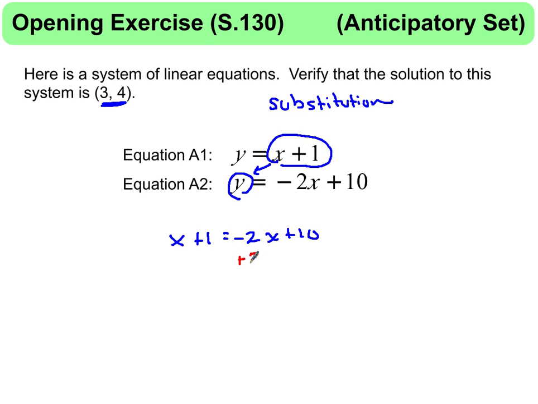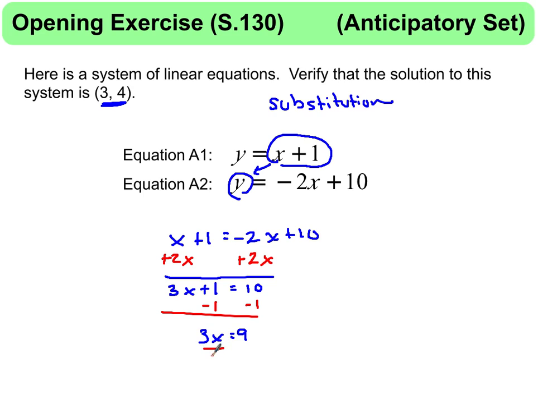So we would add 2x to both sides. That's going to give us 3x plus 1 equals 10. We'll subtract 1 on both sides, so minus 1 and minus 1. That's going to give us 3x is equal to 9, and then we will divide by 3 on both sides.